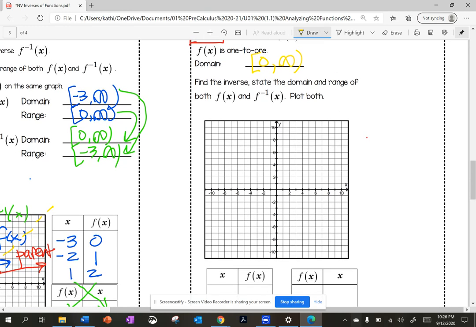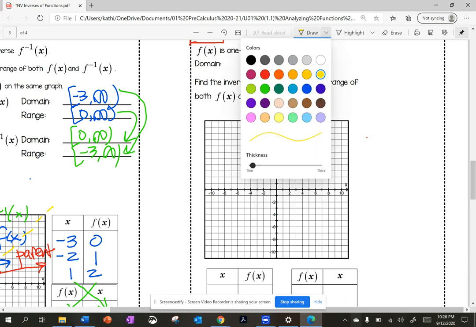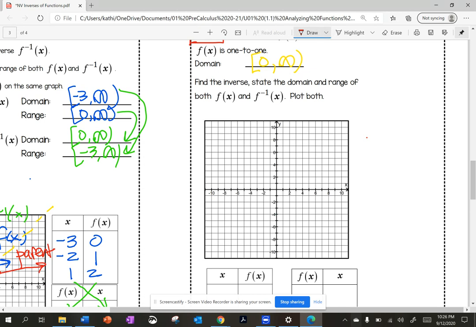All right, so starting out, I have y equals x squared plus 3. I'm going to switch x and y. So x equals y squared plus 3. I'm going to solve for y. So I'm going to subtract 3 from both sides. So x minus 3 equals y squared.